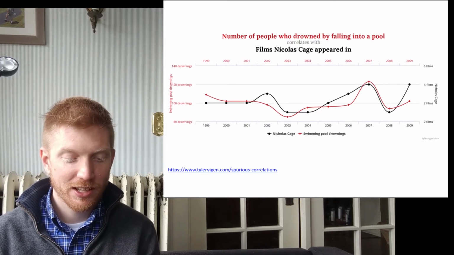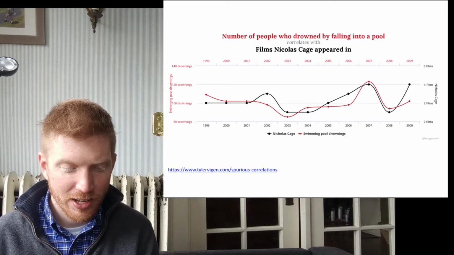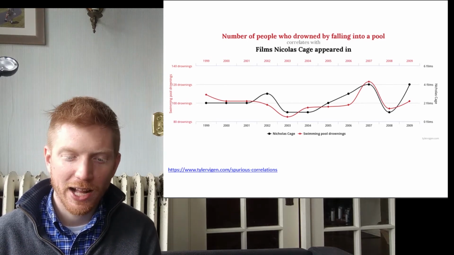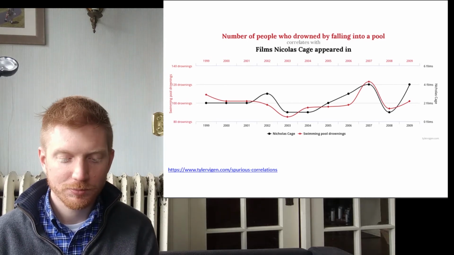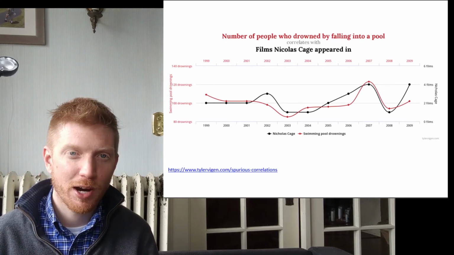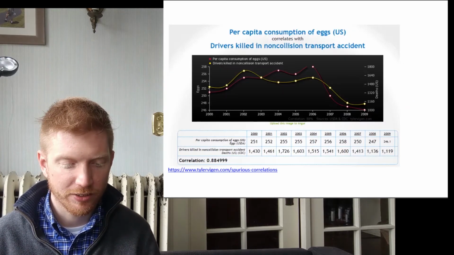For instance, the number of films that Nicolas Cage appears in a given year is very correlated with the number of people who drowned by falling into a pool. Do we think there's any sort of causal relationship there? Probably not. And so that's why we have to be careful here. Here's another example.